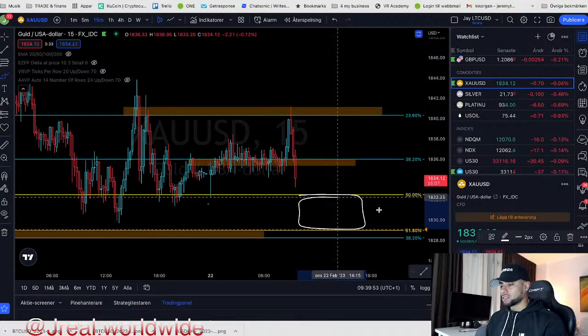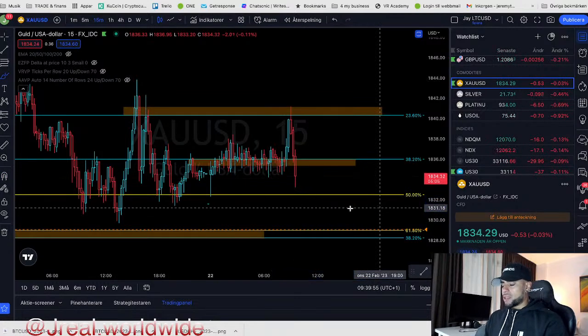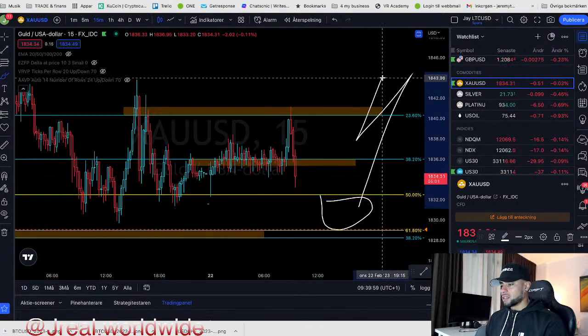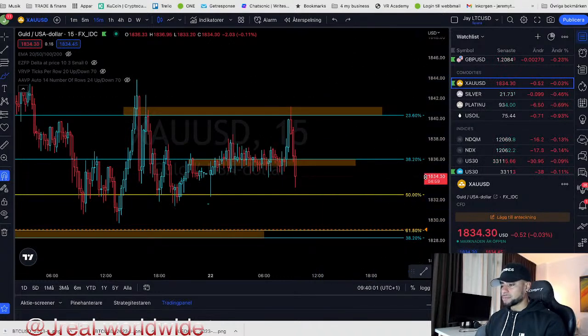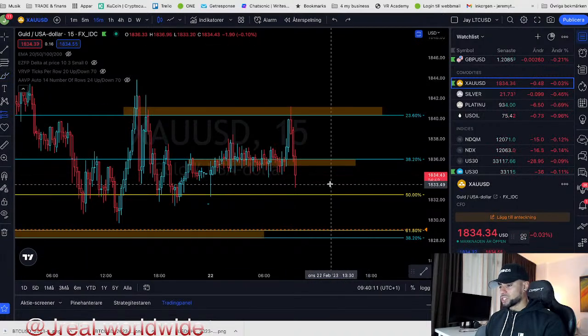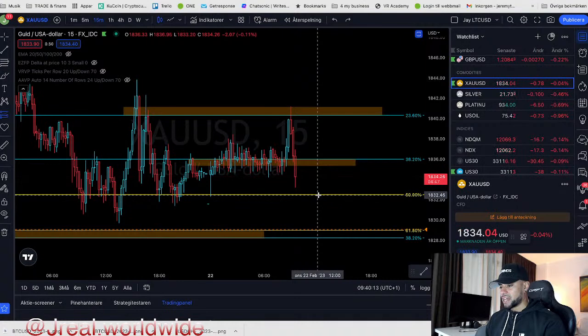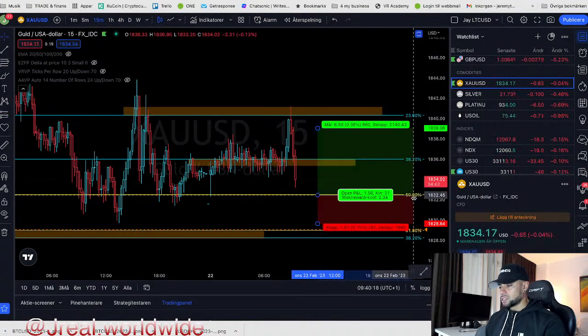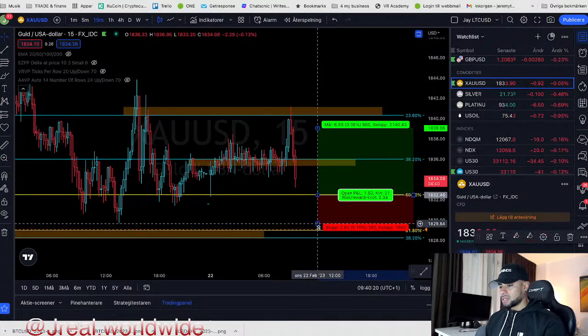This is the sweet spot, because we know that the market loves to hit the sweet spot, pick up liquidity, and then move up again. So when it comes to gold, I'm not looking for any trade right now, but a possible trade that I would look for, but then I want to see more confirmations, is a buy from this area.